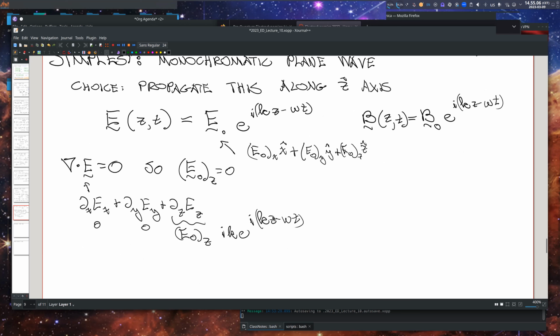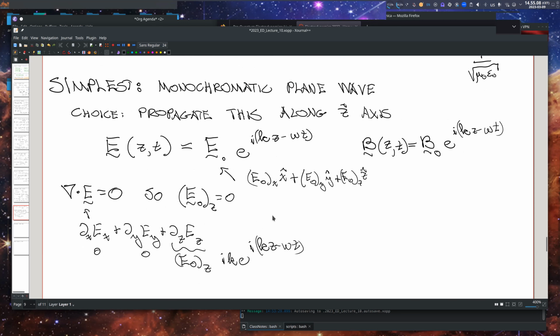Am I explaining too much here? Confusing you, or is it okay? So this condition here, Gauss's law in vacuum, means that if I'm propagating along z, then my electric field has no component along z.